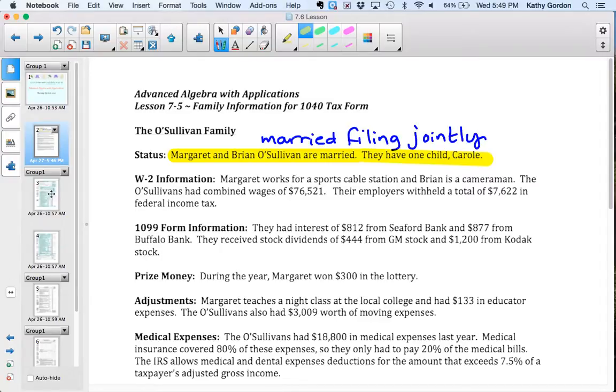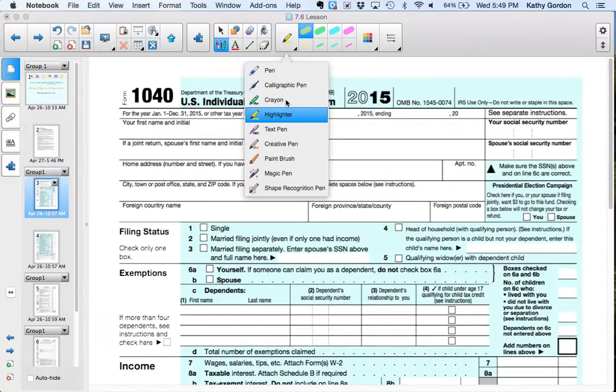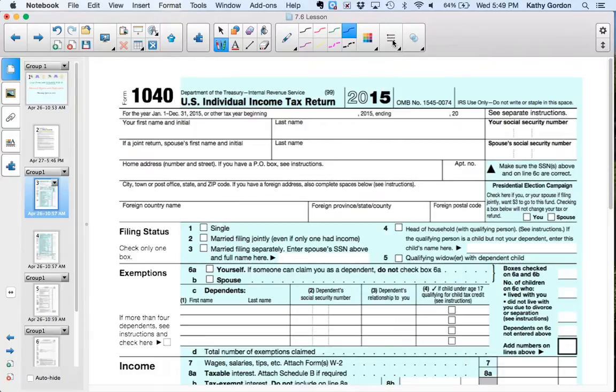Okay, and we also have the information that they have a child whose name is Carol. So the first thing that we can do is go to our form and fill out the information section. Okay, so we've got Brian O'Sullivan, and we've got Margaret O'Sullivan. Now, we don't actually have the W-2 forms in front of us, we just have information about the W-2 forms.